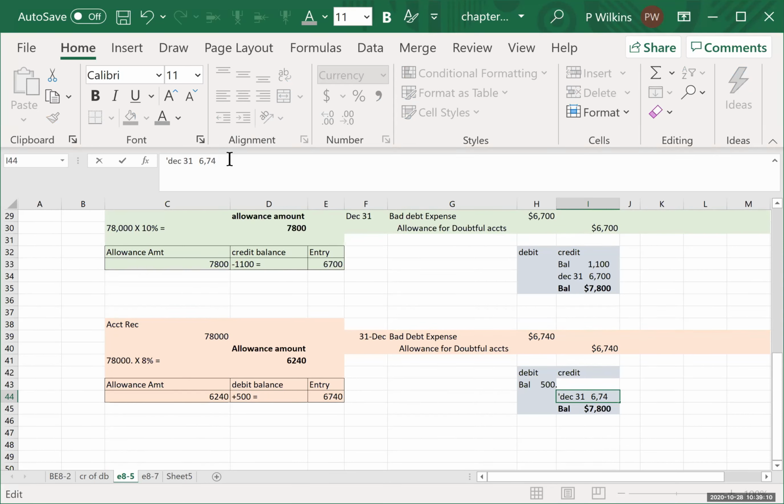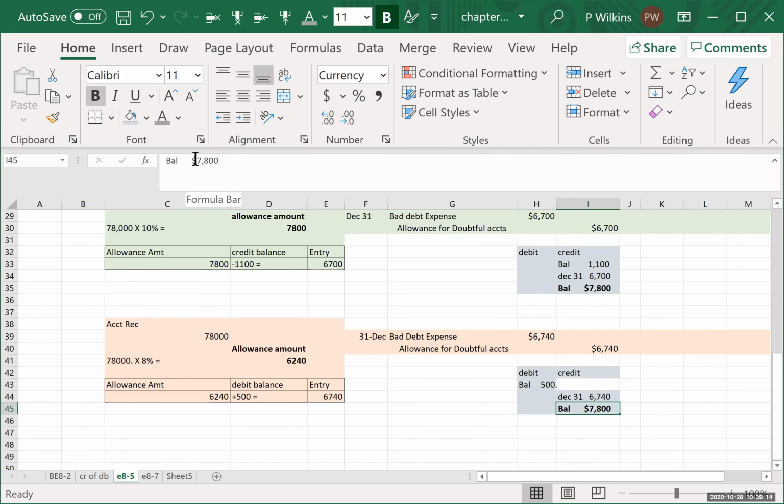And to balance this account, we would take the 6740 minus the 500, and that would give us the 6240, which in this problem, they wanted 8% of the 7,800, which is 6240. Okay, I'm going to stop the recording there.